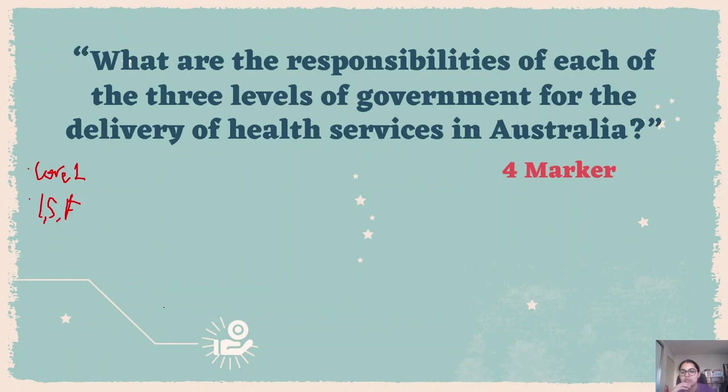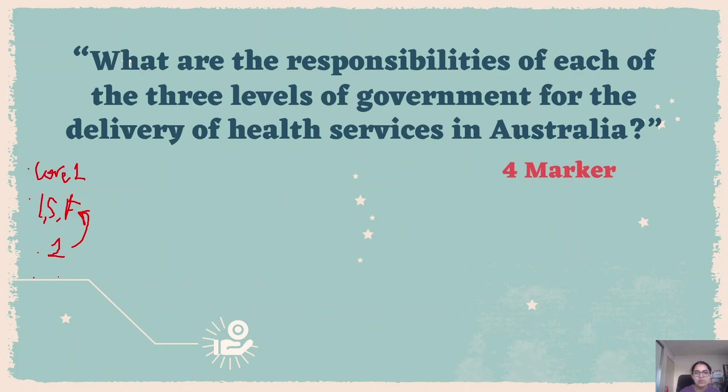The way I would split this up is you would get probably 1 mark for identifying the three levels of government here, and then the rest of the 3 marks are divided into actually identifying and describing the responsibilities of each of the 3 levels, right? So you need to make sure that here we set up our response, we structure it and we address the question. That is really, really important.